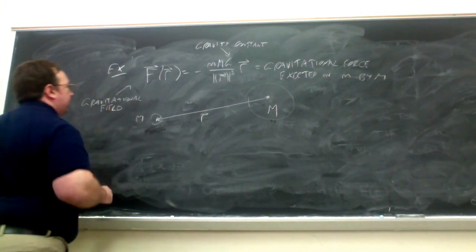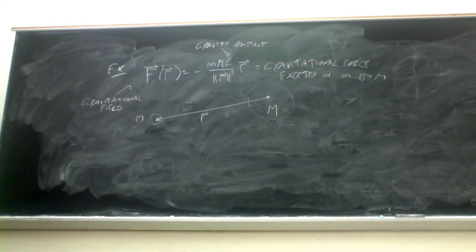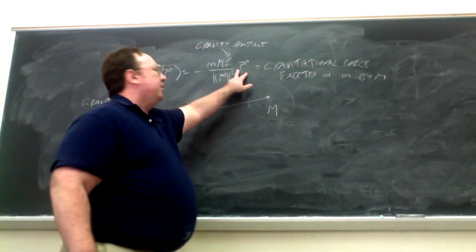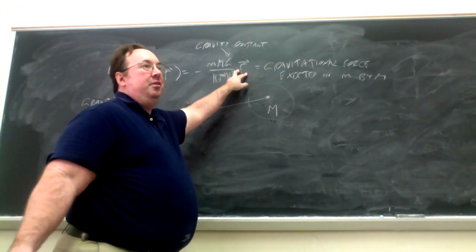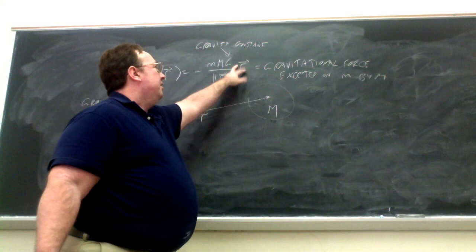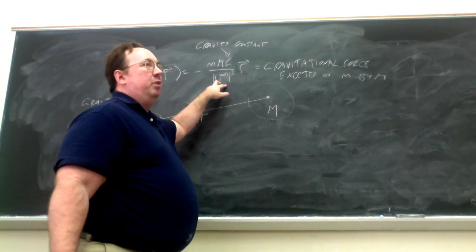Now you may remember learning that the gravitational force is proportional to 1 over the distance squared between the objects. So it might seem strange that I put distance cubed down below. But keep in mind, this R has a magnitude also. So if we look at the magnitude of this, the magnitude of this would cancel with one of the factors down here.